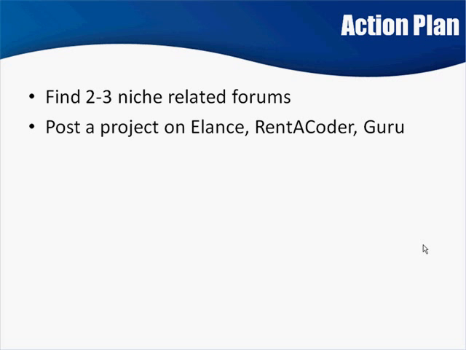Here are the action plan steps. The first thing you're going to do is find 2 to 3 niche-related forums. Don't sign up for them yet. That'll come in a little bit. You're just going to note what the forums are, and keep track of it in an Excel spreadsheet. Post a project on Elance. You want to make sure, by the way, that those forums meet all the requirements.